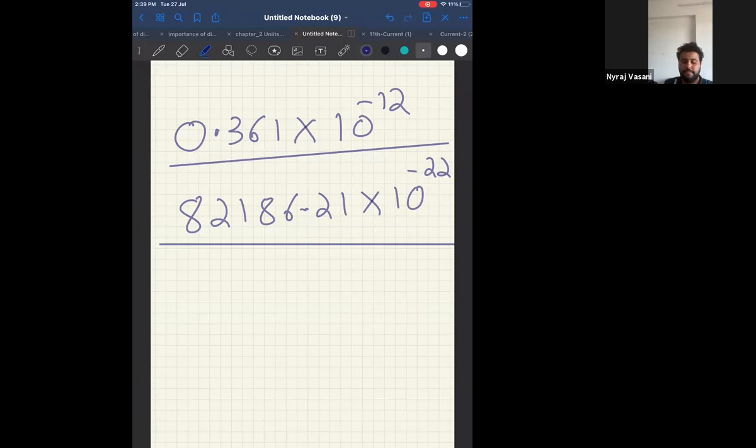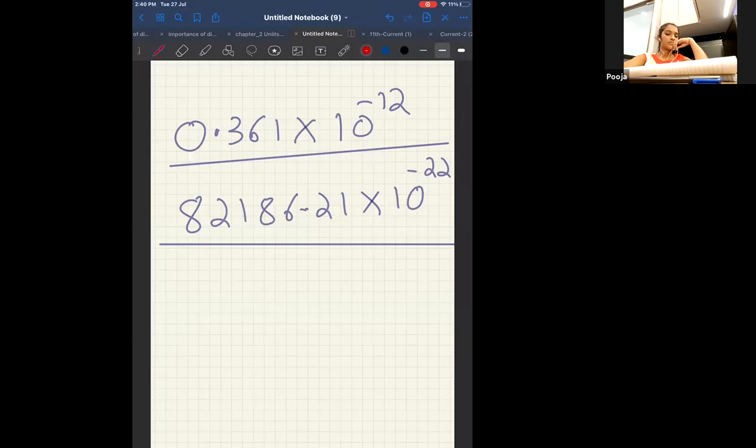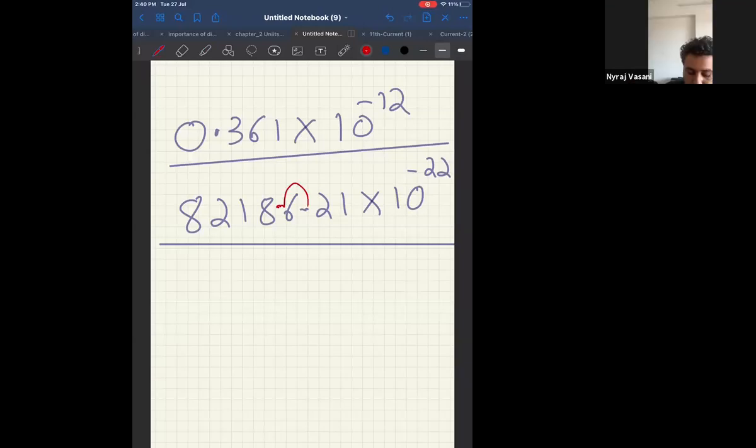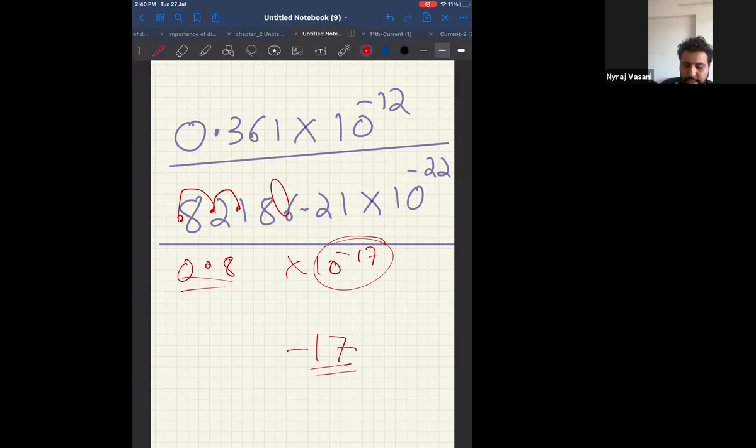Okay, let me check. First one, I hope everyone understood how it is minus 13, correct? Yes. Second one: minus 21, minus 20, minus 19, minus 18, minus 17. So it is 0.8 something into 10 power minus 17. Can I say this is between 0.5 and 5? Therefore, the order of magnitude is minus 17. Getting it?